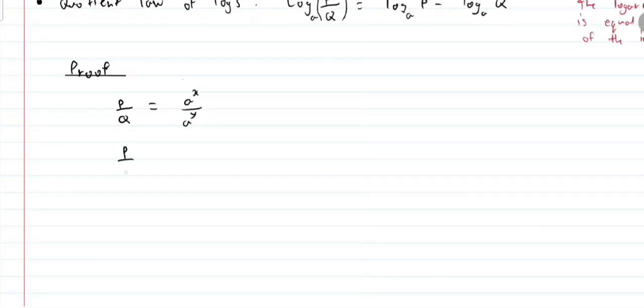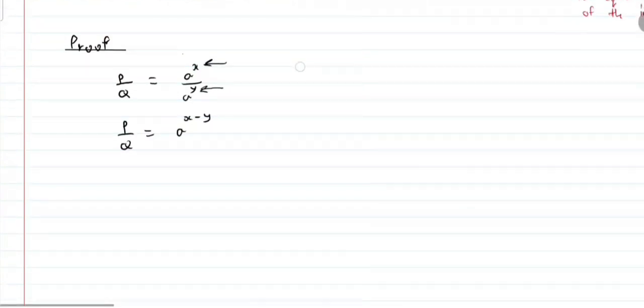And what did we say about dividing exponential expressions where the bases are the same? We keep the base, we subtract the powers. More specifically, we subtract the bottom power from the top power, which means the top power minus the bottom power. So that's going to be x minus y.